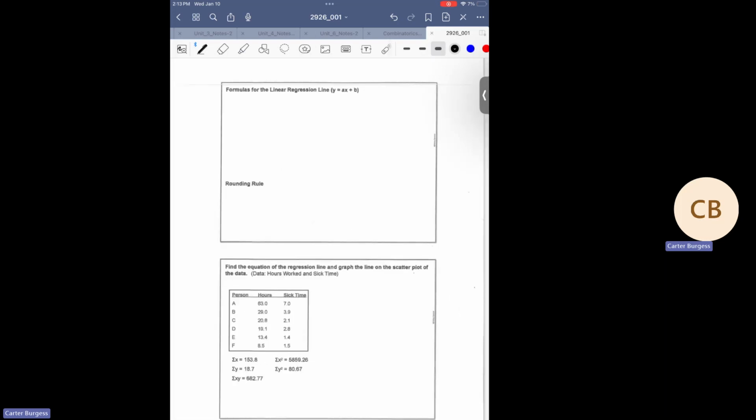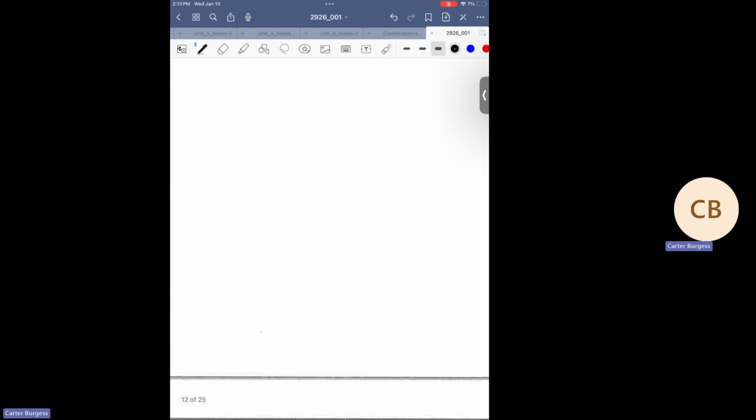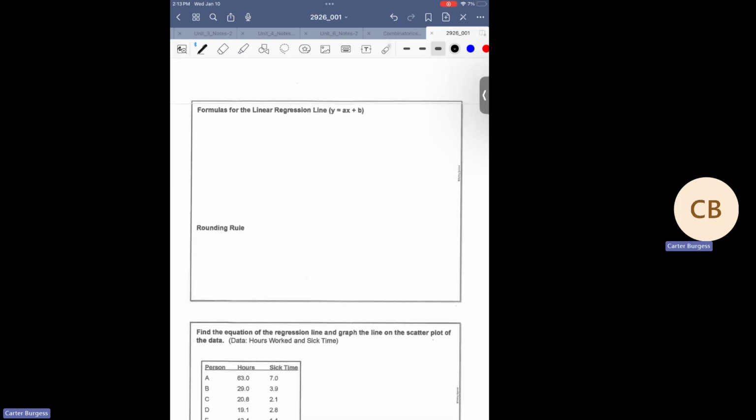Now, when we're talking about the formula for a line, what is the general equation for a line that everyone knows and has down? Y equals mx plus b is the one that every single person knows.